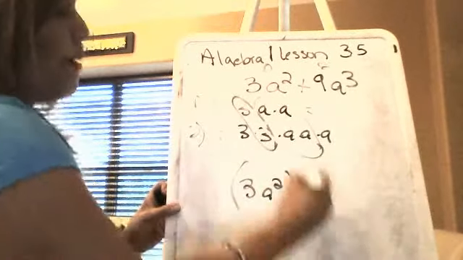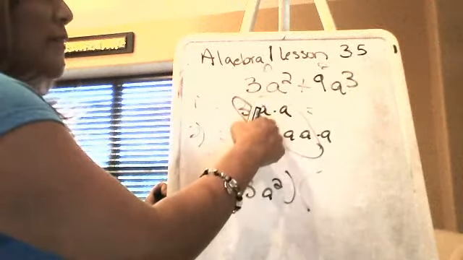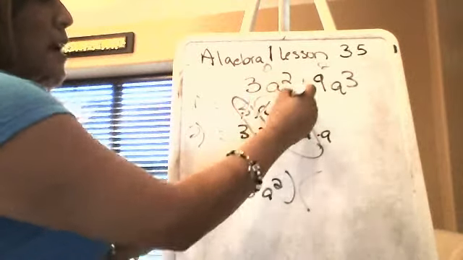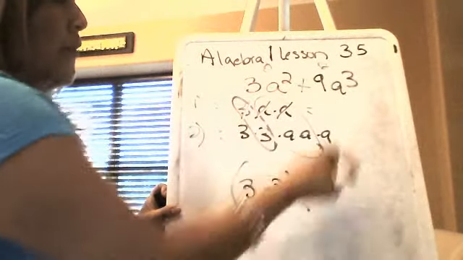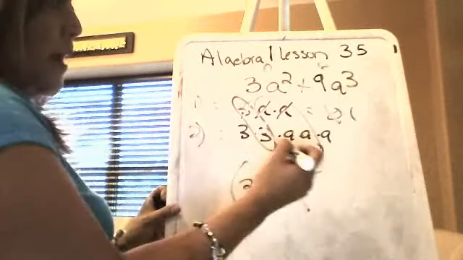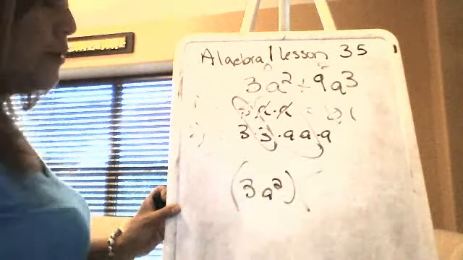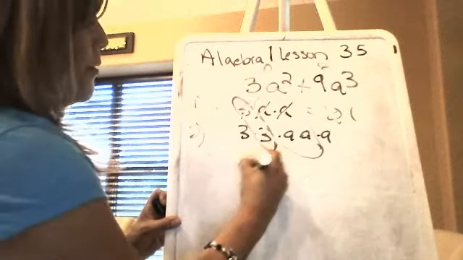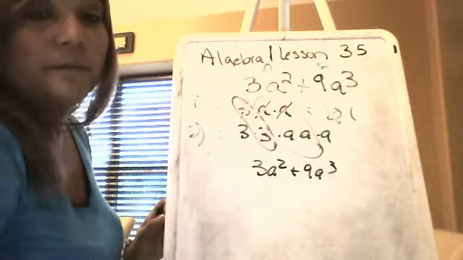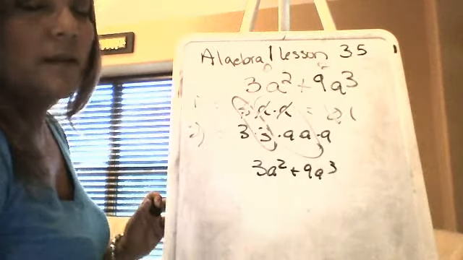All right. What do I have left here? If I divided this, I took out a 3, I took out an a, I took out an a. What am I left with? 0? That's what we tend to do. No, it's 1. Because basically what we're saying up here is 3a squared plus 9a cubed.